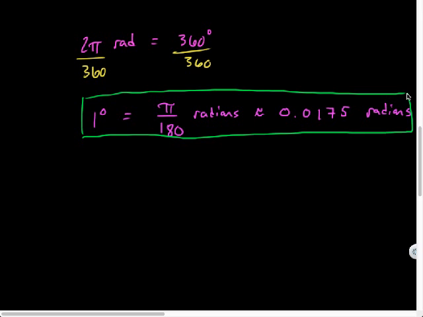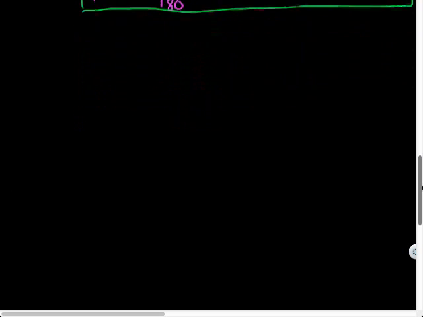All right, so those are two facts that can help us convert, so to speak, from one to the other. So it's typically related to this pi over 180. So let's do our first examples, or let's do some conversion.